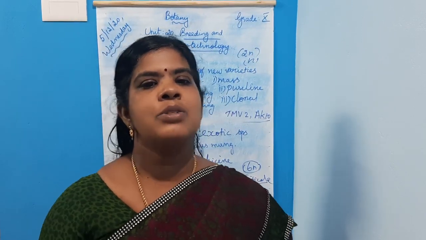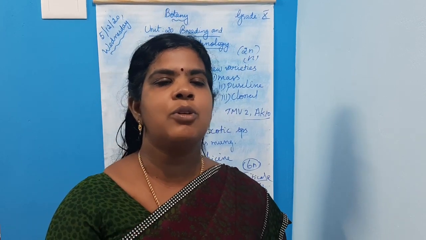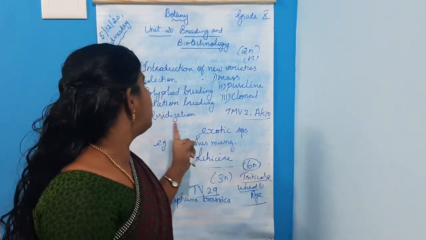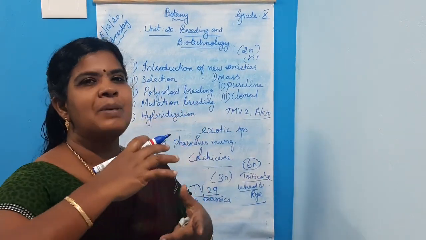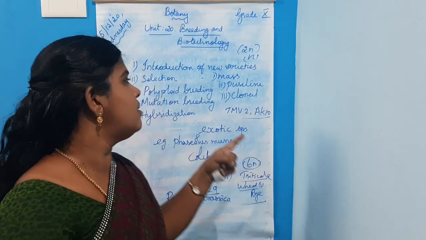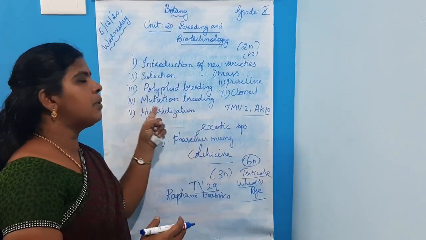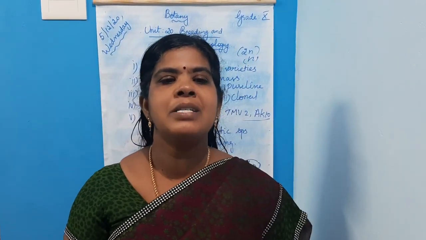So a sudden heritable change in the nucleotide sequence of DNA in an organism is called mutation. Through mutation, the best varieties of plants are developed. It is also one of the plant breeding programs or crop improvement programs.